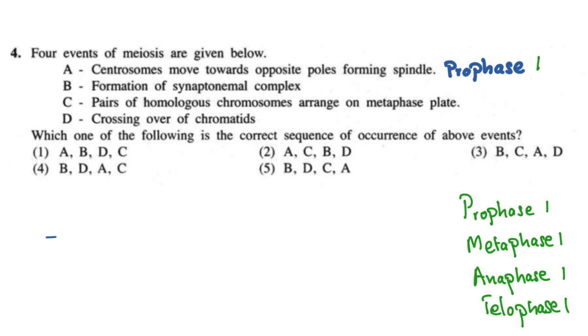So I will just draw the synaptonemal complex here. So we have one chromosome here and the homologous chromosome here, the next one. So they form a complex here. This complex is called the synaptonemal complex.